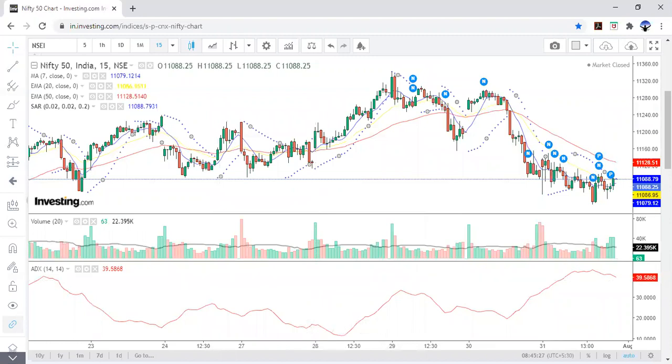Now you can see the shape here. First a fast movement, then again a slow movement and a fast movement. Same situation here, fast movement in trend and fast movement. Now how will it be used?